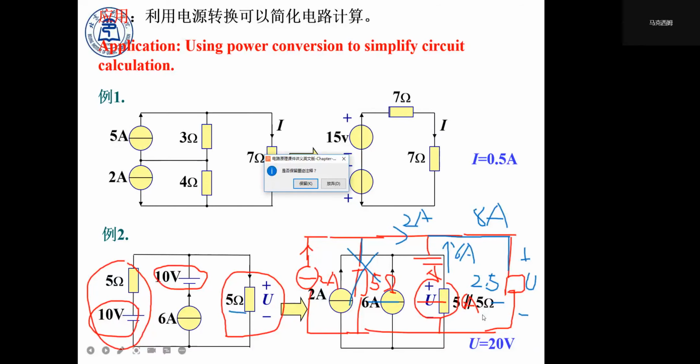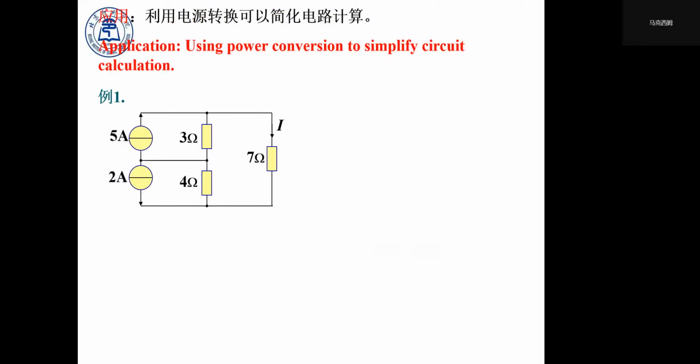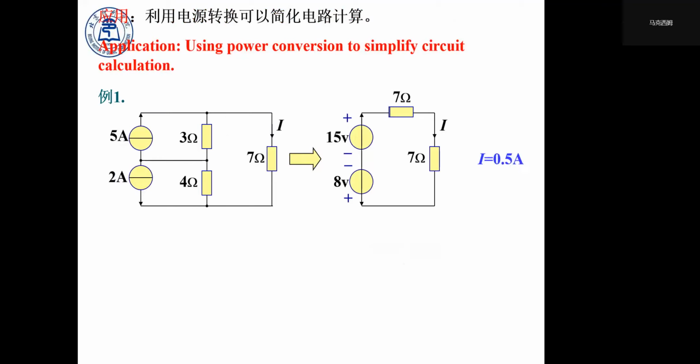So this is another example. We have two examples of how to apply this conversion to simplify our circuit calculation. First one, we change the current source into a voltage source with a series connected resistor.